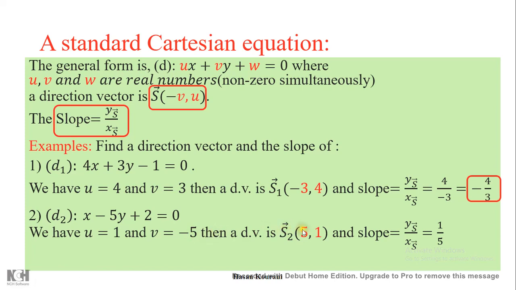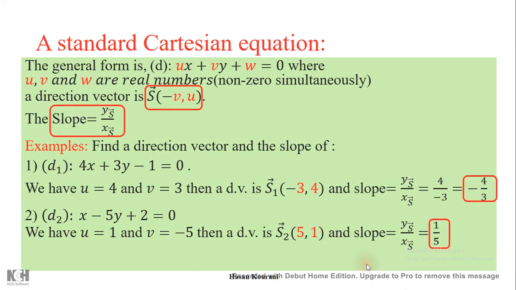So minus v will be 5 and u will be 1. So the direction vector will be 5, 1. Clear? The slope can always be determined from the direction vector. It will be the ordinate over the abscissa of this direction vector, so it will be 1 over 5.